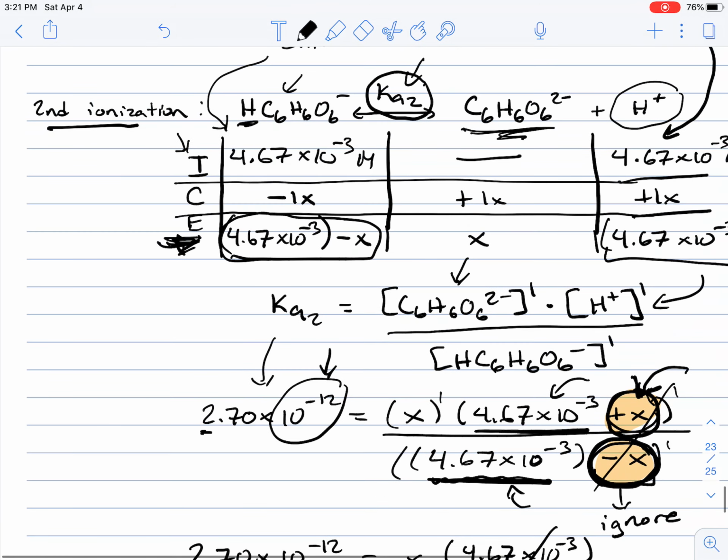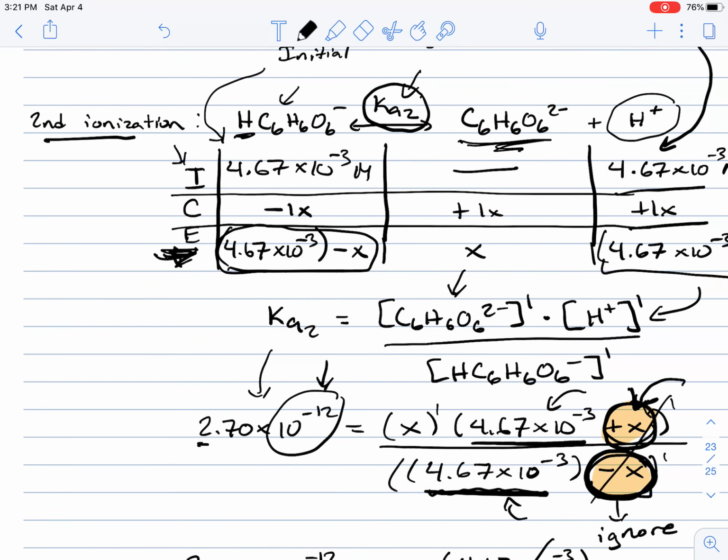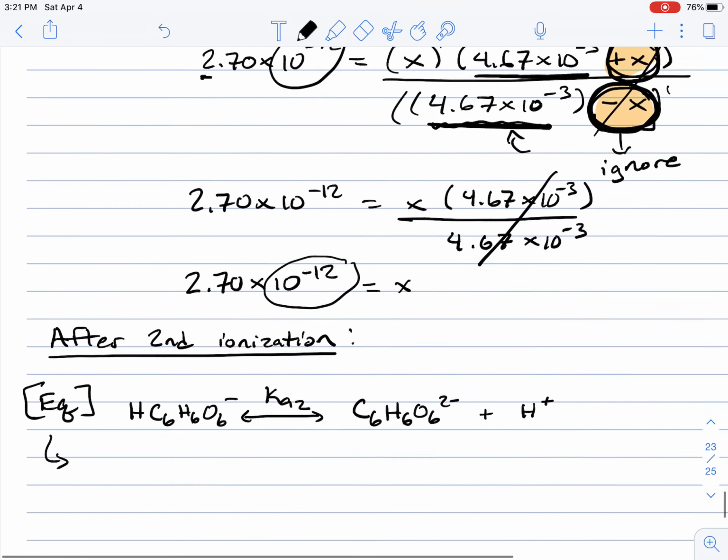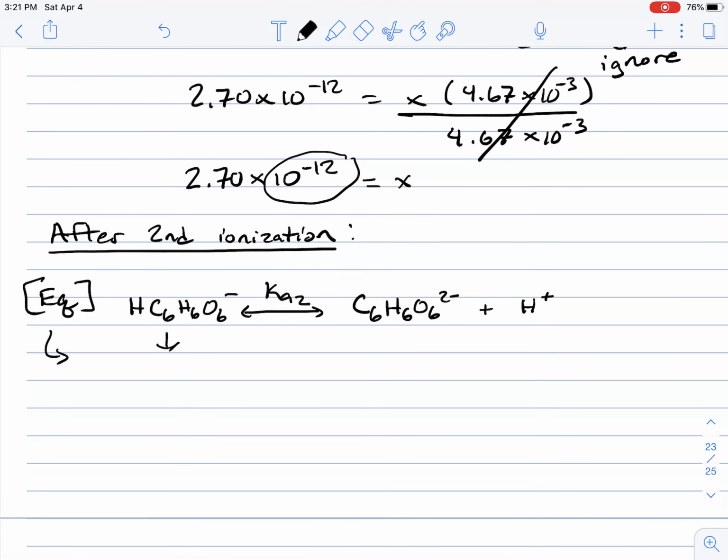And so notice that the equilibrium concentration of the conjugate base of ascorbic acid after the second ionization is defined as 4.67 times 10 to the negative 3 minus x.